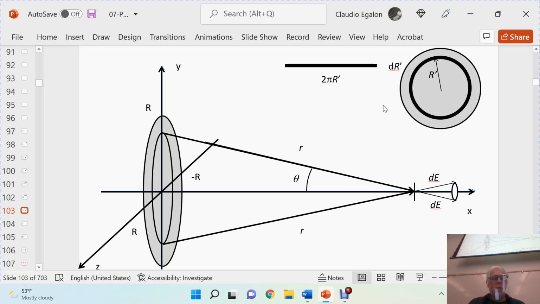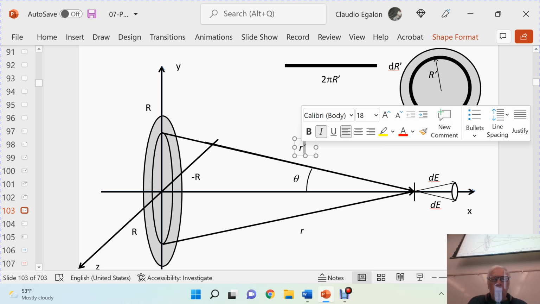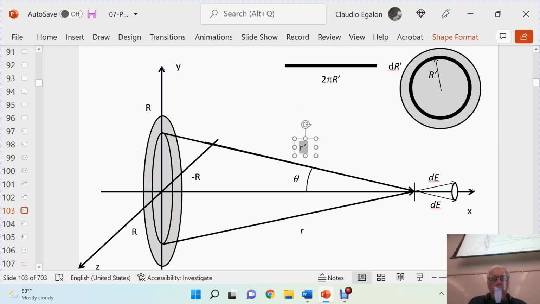Let's not forget that we have our little r here as well. We make the distinction between the lowercase r prime and the lowercase r. The lowercase r prime means the distance from the charge to the point.